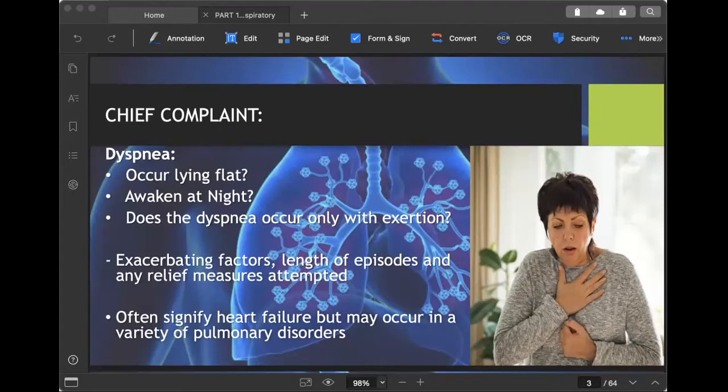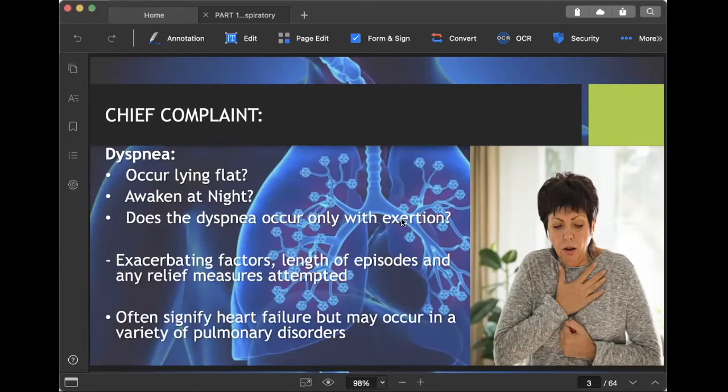Okay. And if the patient is awakened at night, that is what we term PND or paroxysmal nocturnal dyspnea. We are all aware that this is a sensation of shortness of breath that usually awakens the patient after 1 or 2 hours of sleep, and we can relieve this difficulty of breathing by positioning our patient upright.